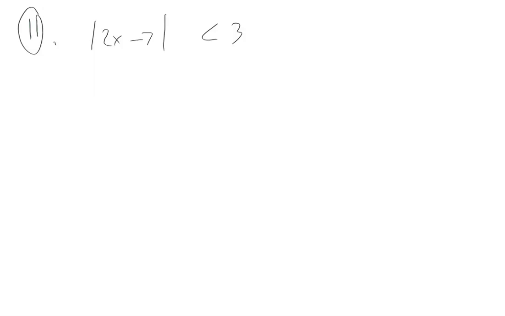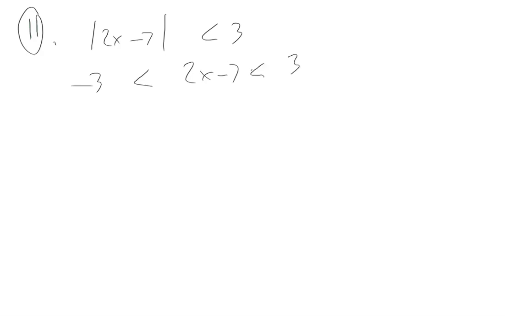Because it basically means it's a number that could be positive or negative, but it has to be littler in value, in absolute value, than 3 or -3. So 2x minus 7 has to be between -3 and +3.